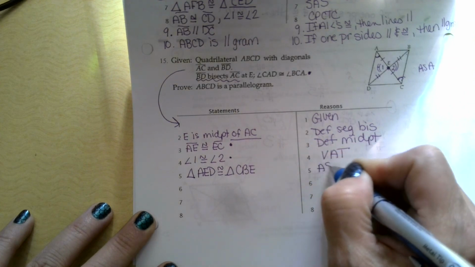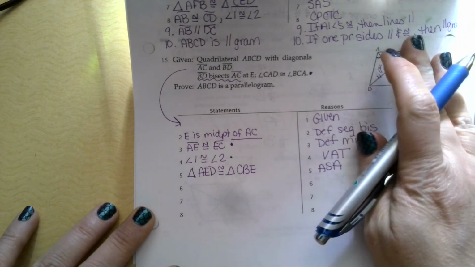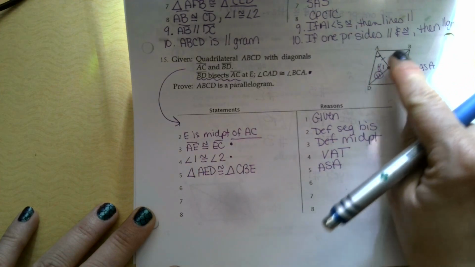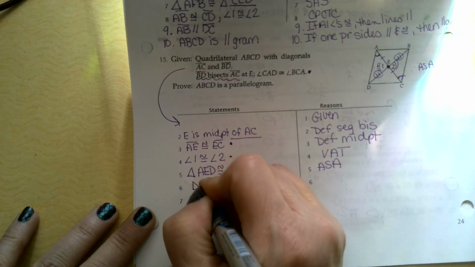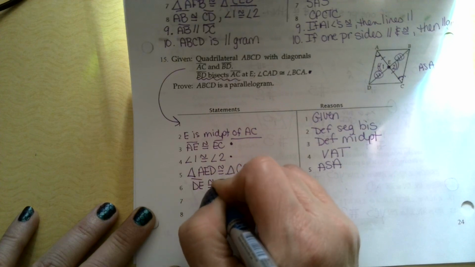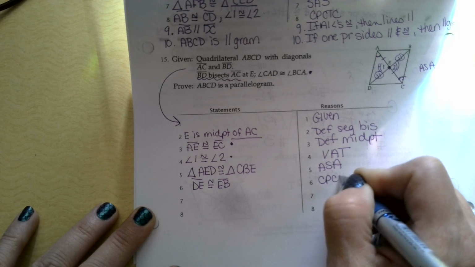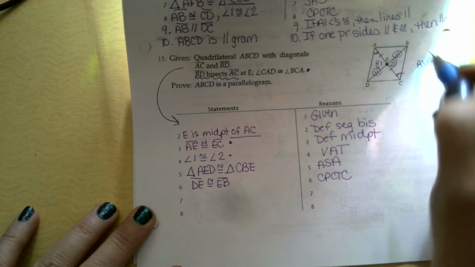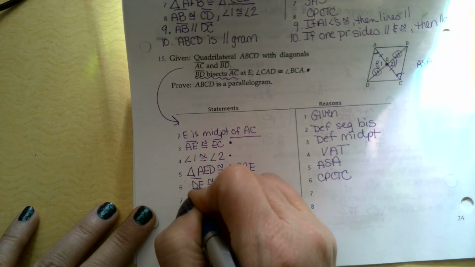Angle, side, angle. And then I need to say, I really should not have marked my picture until I was ready to. I know that's a little confusing, but I need to say these two pieces are equal now. DE is congruent to EB. And then because these are equal, it is a parallelogram.